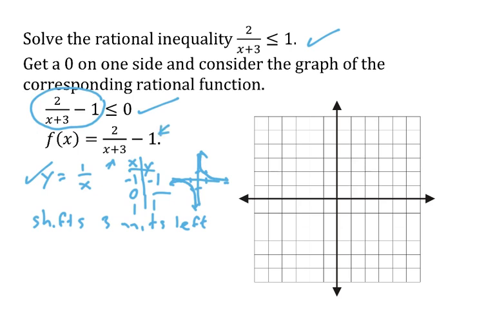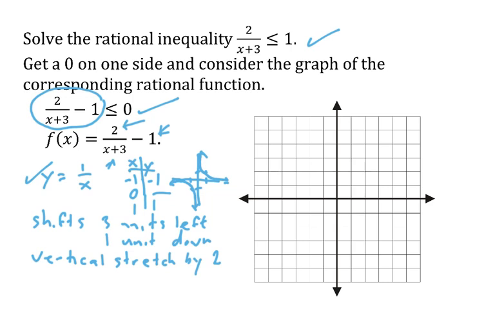The negative 1 on the end shifts the graph 1 unit down. And the 2 in the numerator causes a vertical stretch by a factor of 2. If we look at that, we can indeed get what the graph would look like.